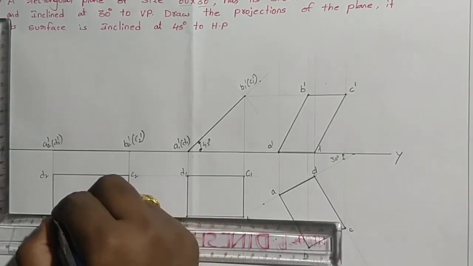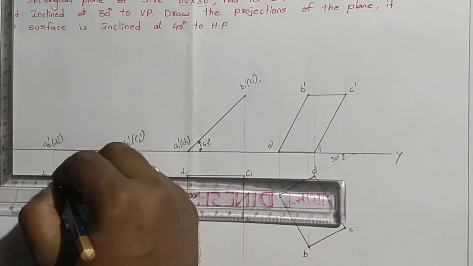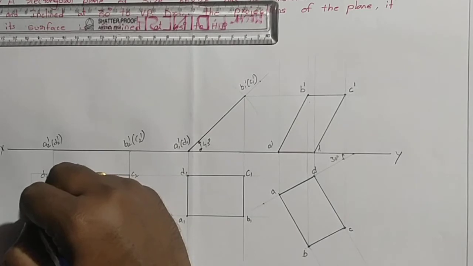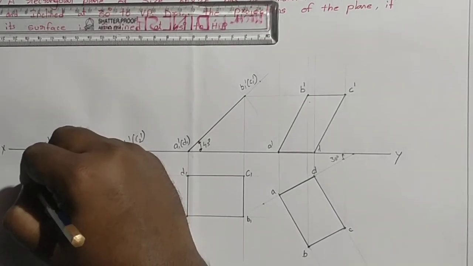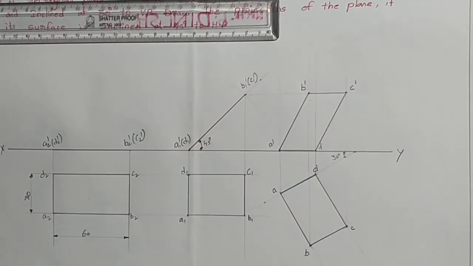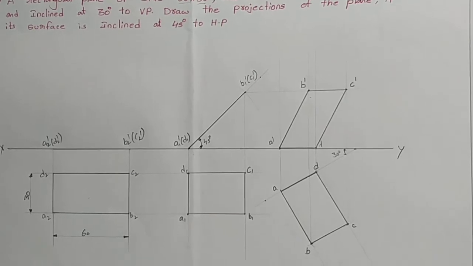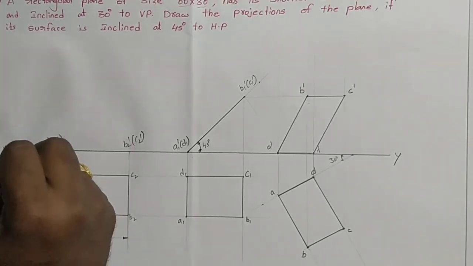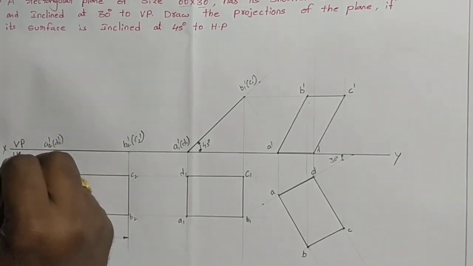Similarly, the breadth of the rectangular plane is 30. Okay, like this we need to give the dimensions. Above the XY is VP and below the XY is the horizontal plane.